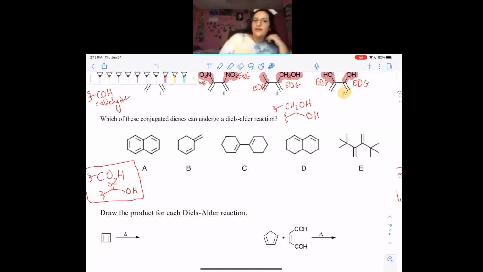So we're talking about what can and can't undergo Diels-Alder when we're talking about dienes. For dienes, we know we need two double bonds separated by a single bond. And what conformation do we need?